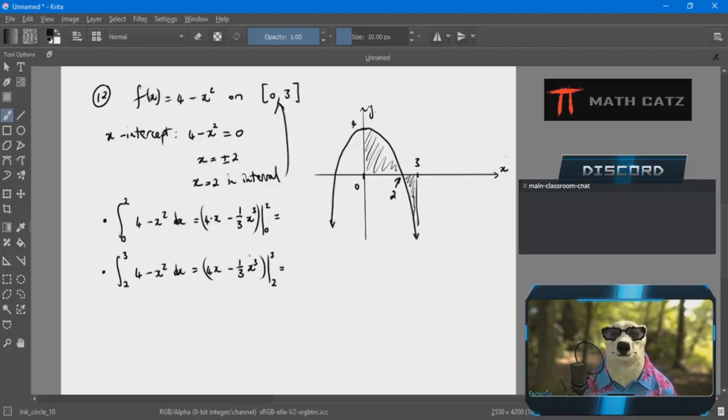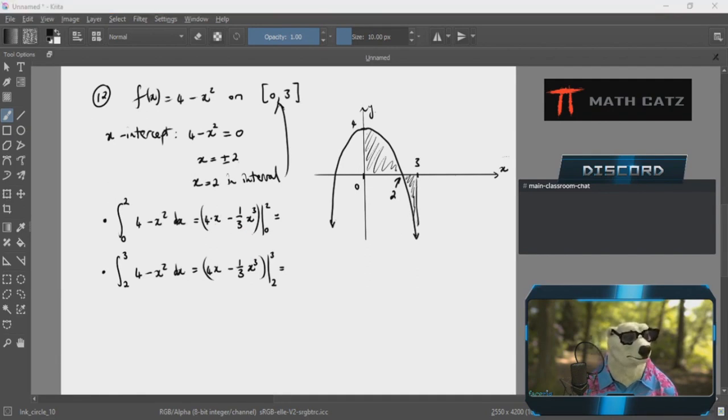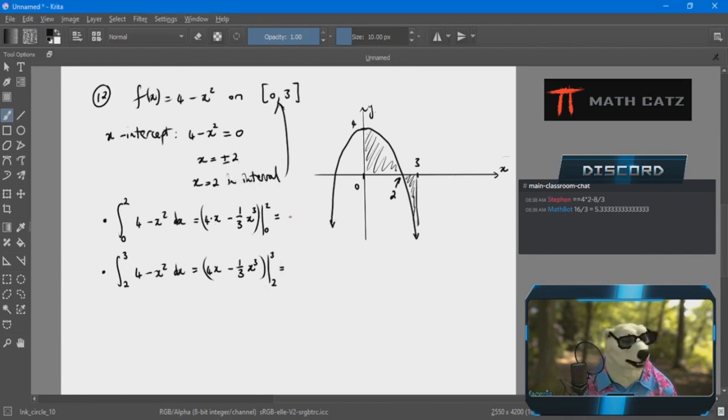So let's see what we get when we calculate the first one. I get 5.33 if I round it to 2 decimal places.